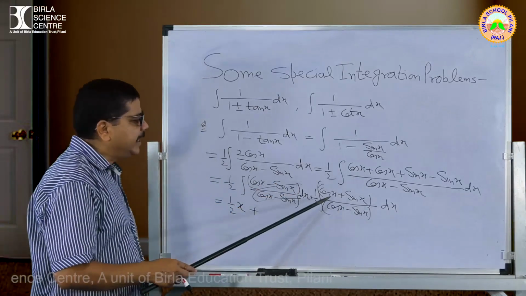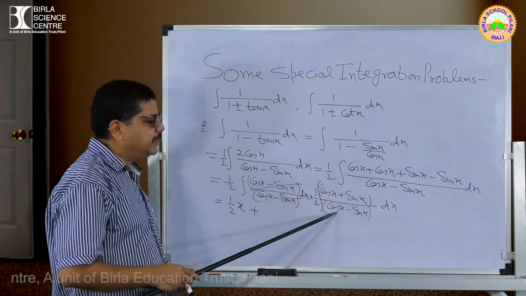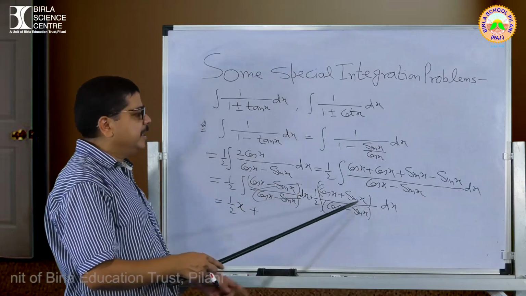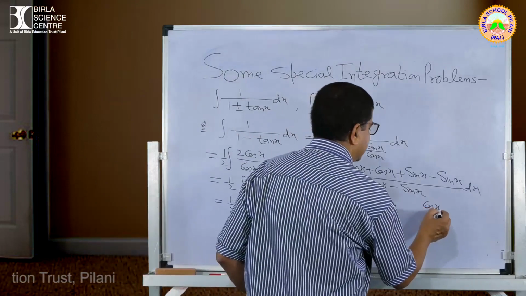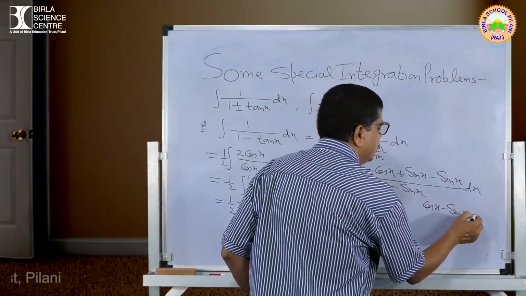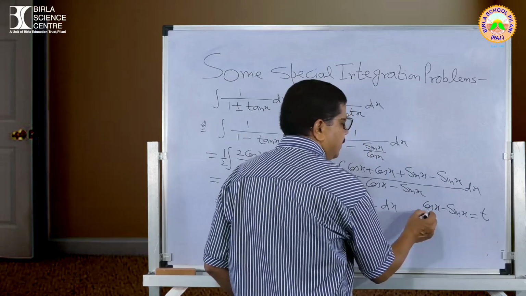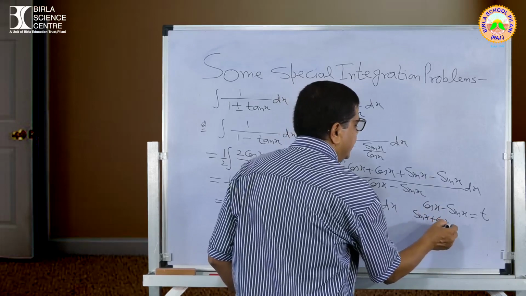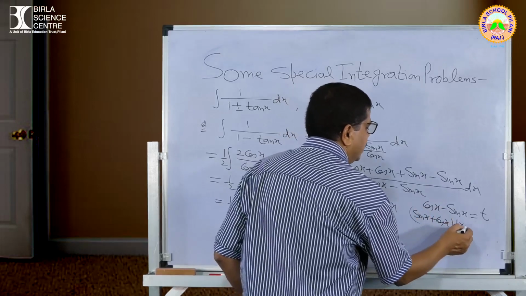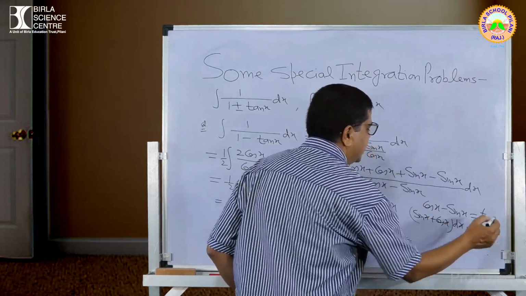Now in the second part we find that the differentiation of this denominator is there in the numerator. Cos x minus sin x equal to t, then it becomes minus sin x minus cos x dx equal to dt, taking the negative term to the other side.